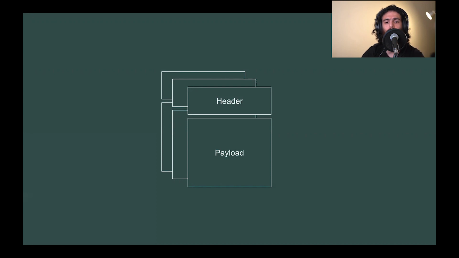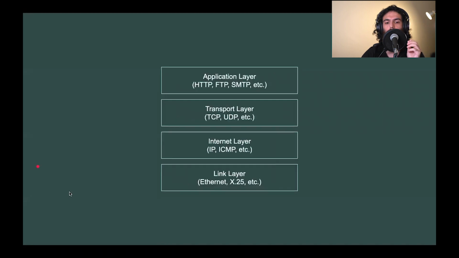TCP takes care of the packaging, okay? TCP, which is inside the transport layer, takes care of the packaging. And if we go back to the model for a second, okay? So the transport layer takes care of these packets.